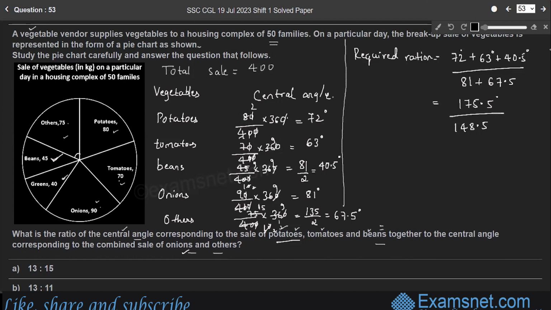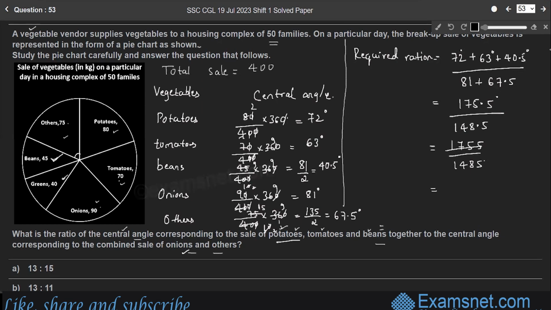Right? So you can still simplify. Remove the decimal point directly. We can take 1755 by 1485. Right? Both the numbers are divisible by 5. You can still simplify it. If you take the ratio, directly go for division.